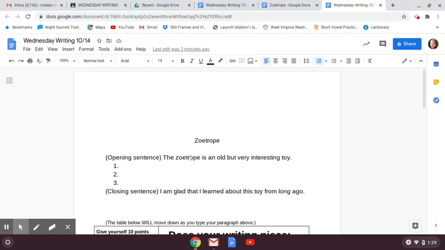So I got to say this zoetrope and I, so I don't want to use the or I. I can say some zoetropes are a foot tall, because I noticed how tall some of them were. Some zoetropes are a foot tall.